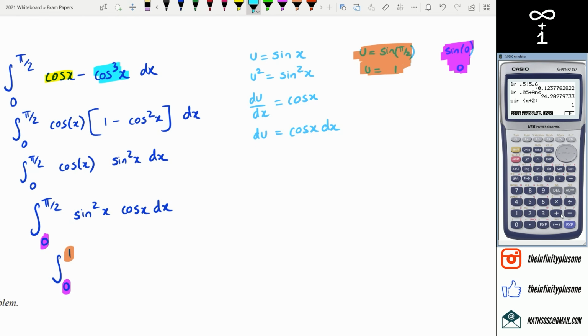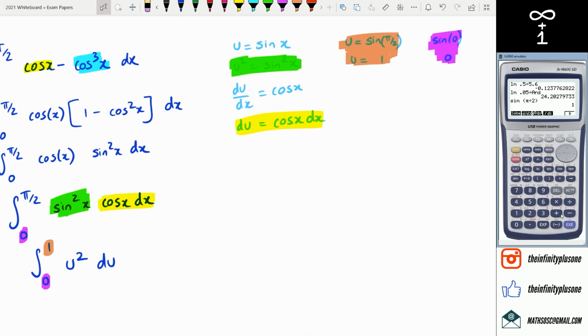Next, I'm going to replace sine squared x with u squared, and then I'm going to replace the entire cos x dx with du. And there is a lovely looking equation, which is super simple, which I can integrate: u squared.